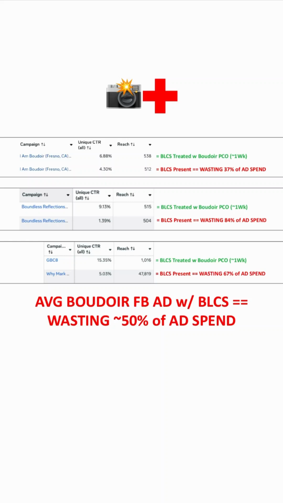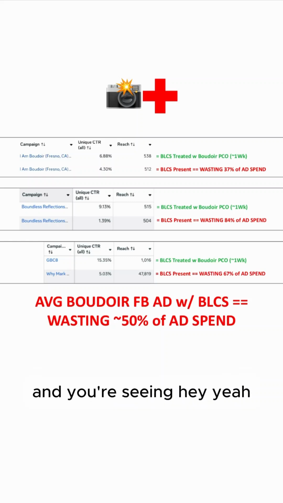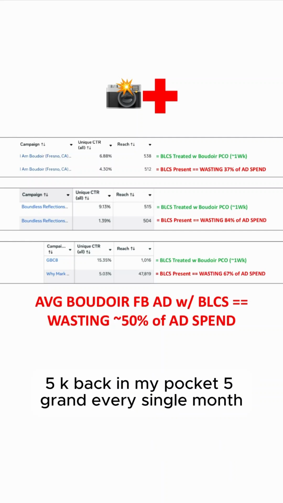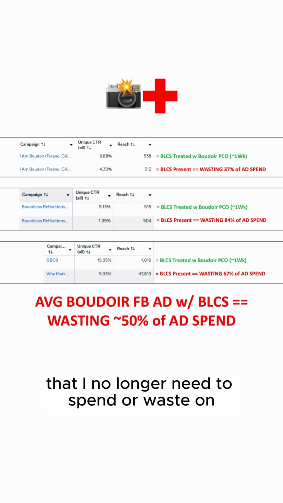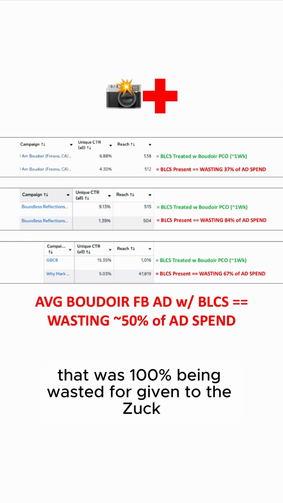And now you're seeing what Boudoir Pico has done for the other boudoir Facebook ads, and you're saying, hey, yeah, this could put approximately 5K back in my pocket, 5 grand every single month that I no longer need to spend or waste on boudoir Facebook ads. That was 100% being wasted, given to the Zuck.